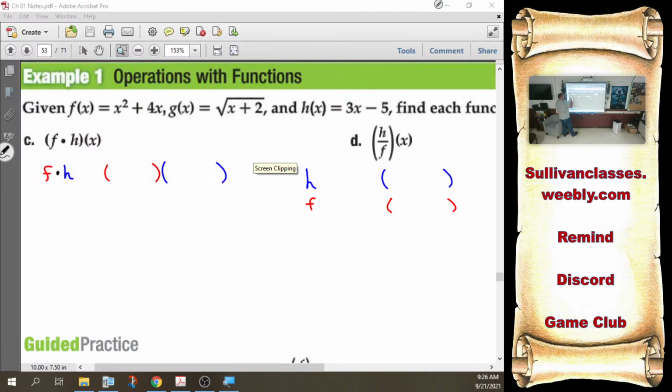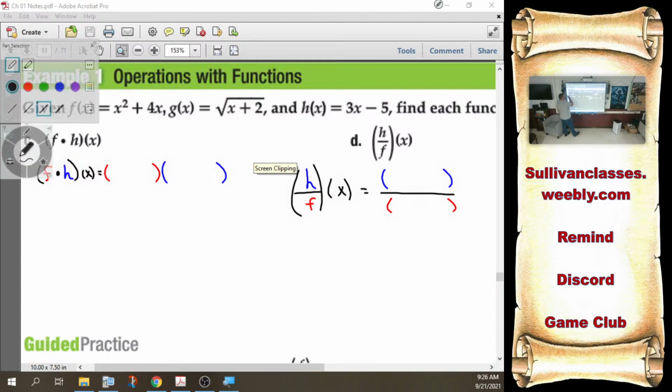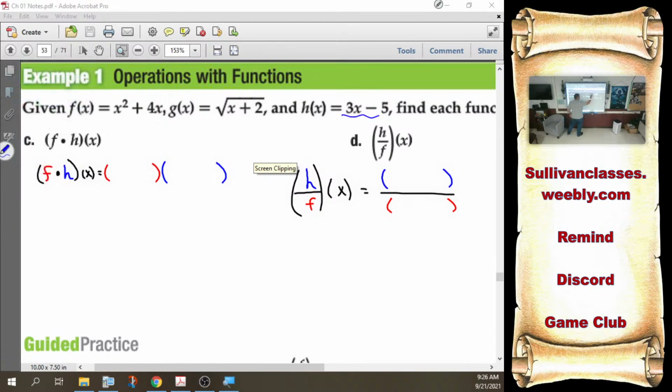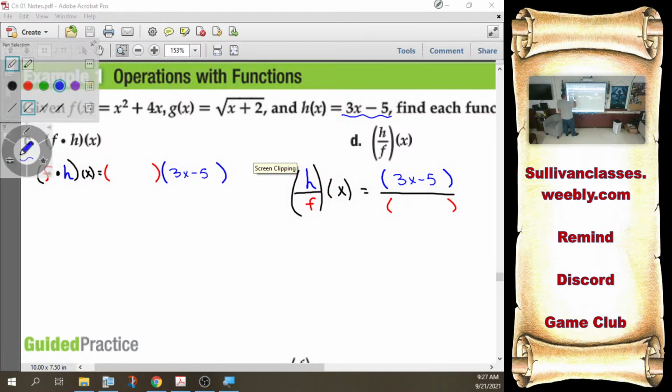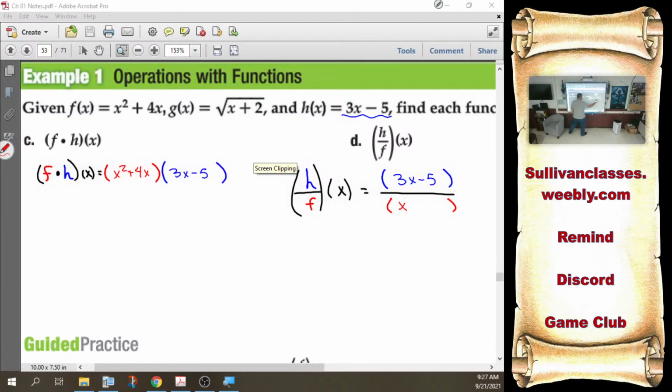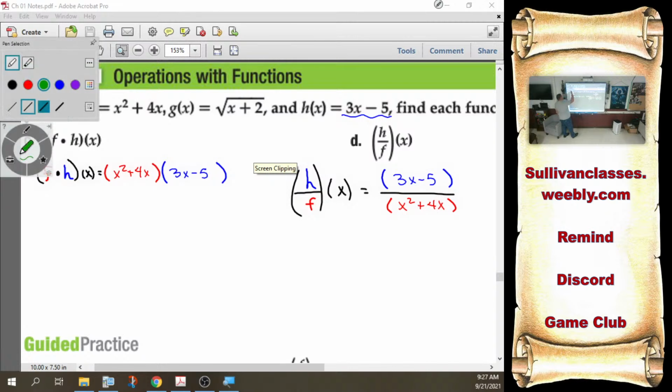Multiply of x is, divide of x is, and I plug them in. And I say the h rule is 3x minus 5. The f rule is x squared plus 4x. Simplify it if you can.